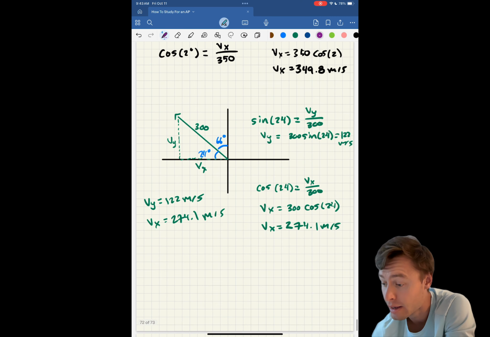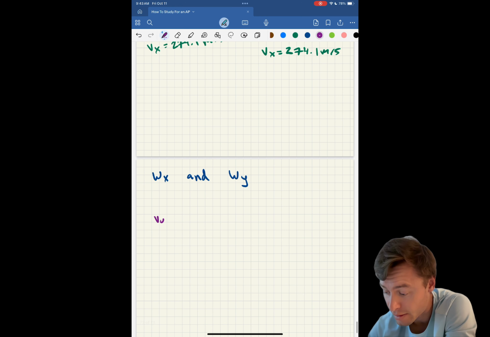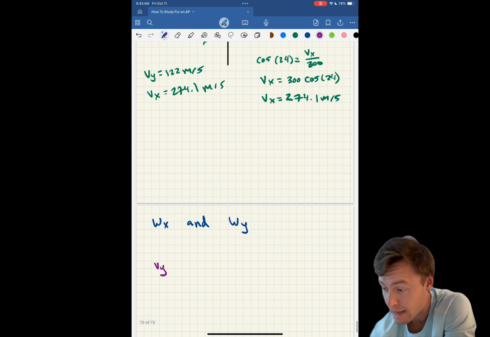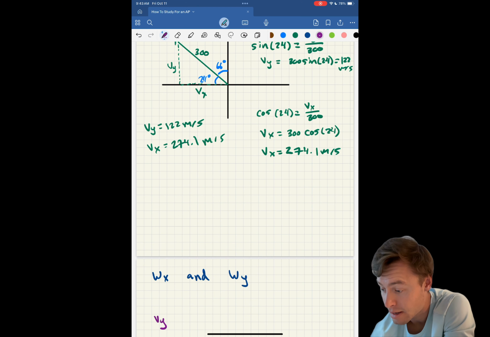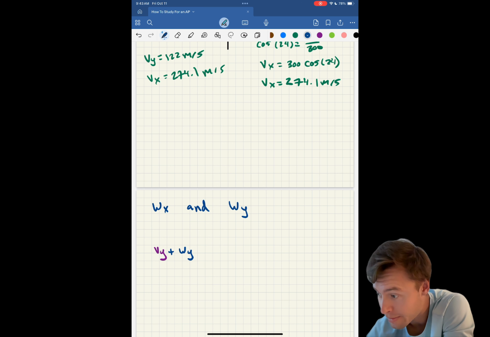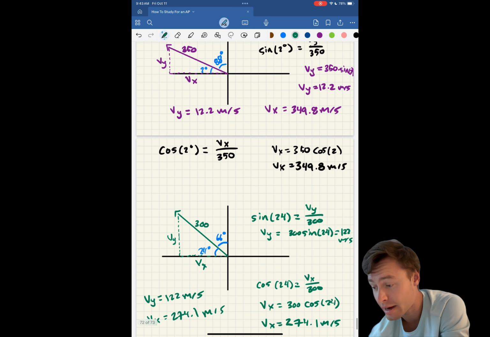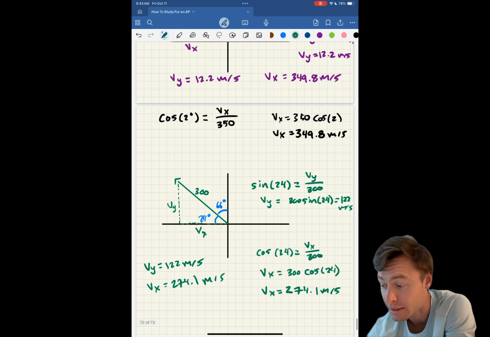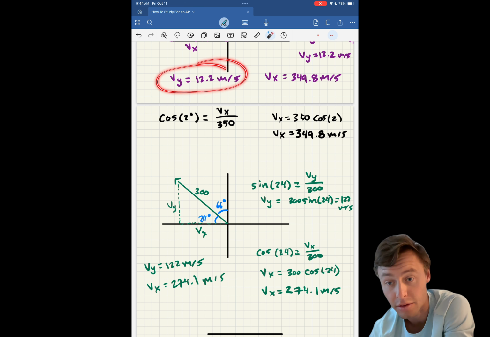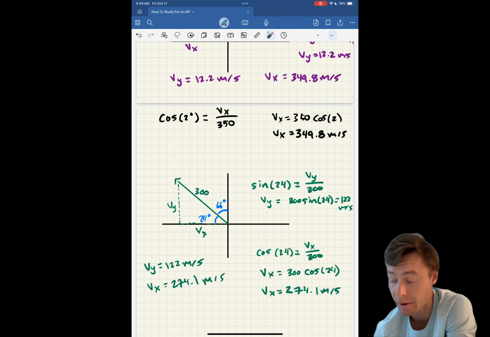So if we look at our initial vertical vector of the plane, v sub y, and we add our wind vector to that, plus wy, that should give us our new vertical vector of our plane, v sub y. Okay, how did I know we add the wind vector? Well, it's because we're going from originally being 12.2 meters per second in the vertical to 122. So we've added a vertical component to it.